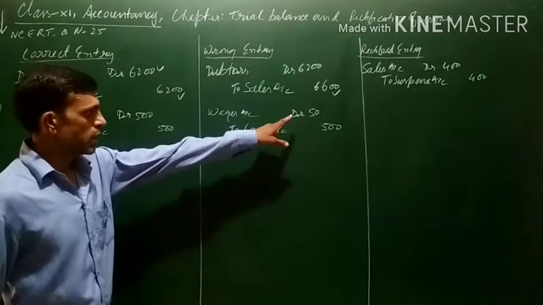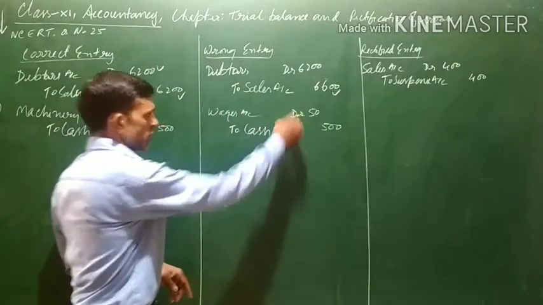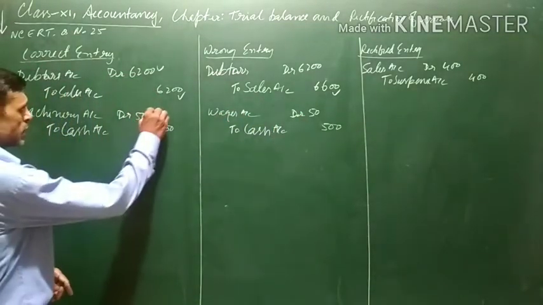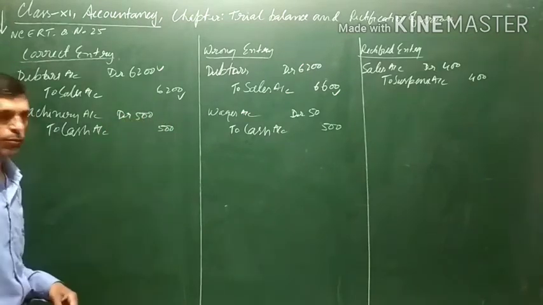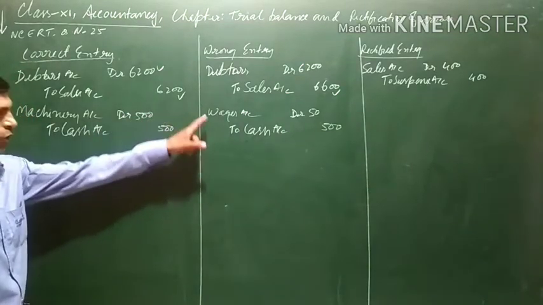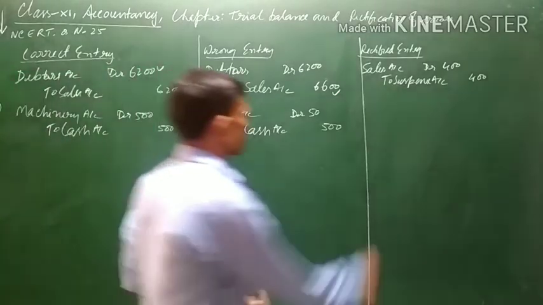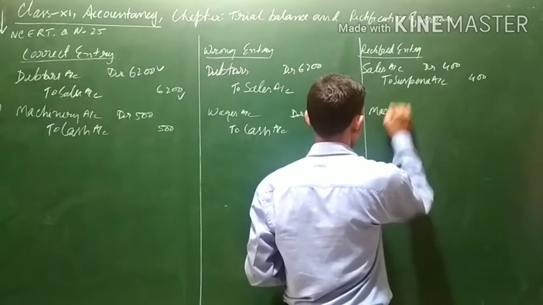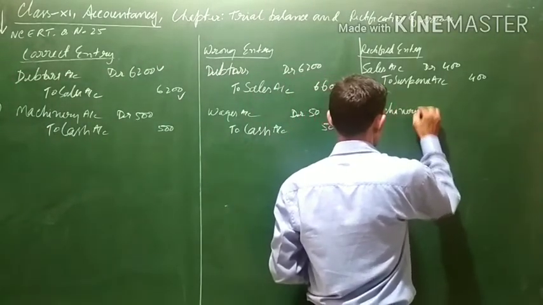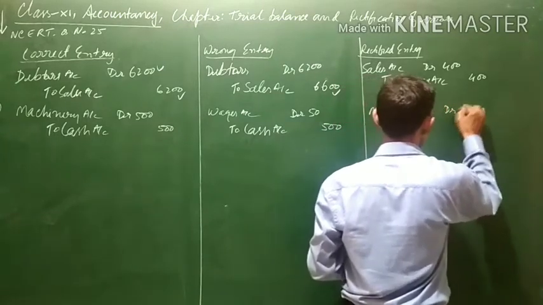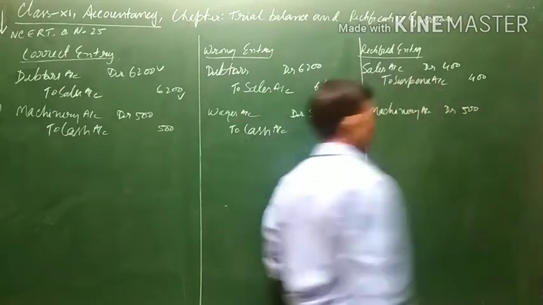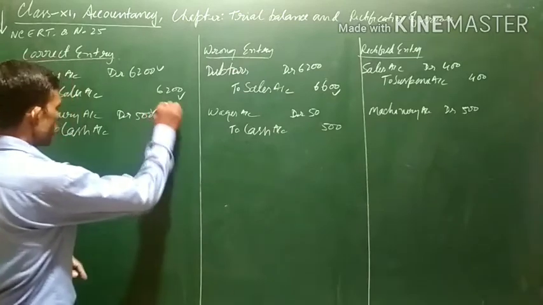So there are wrong entries only with regard to wages. In the correct entry, the machine should have been debited, and it has not been, so we will debit machinery account with 500.